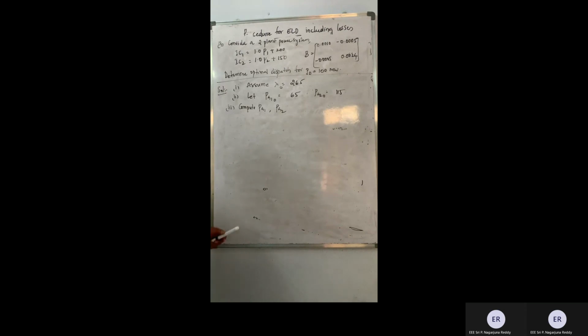Finally, when I get delta P value very close to 0, then I will stop the problem and I will declare the result. Okay. Through computer simulation, this particular problem was converging somewhere at lambda is equal to 263.47. Okay. Hope you have understood the problem.